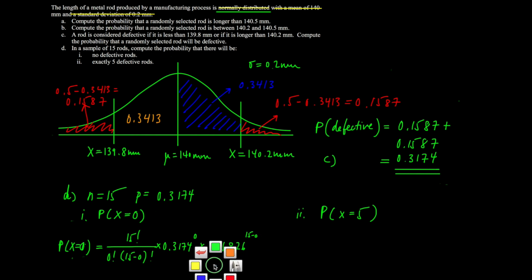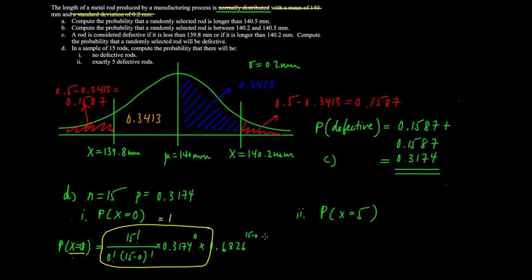And if you remember from what I taught you in the first ones that we were solving, this right here for the x equals 0 is going to equal 1. So this is all I need to put into the calculator. And this is going to equal 0.0033. Okay, so that's for no defective rods using the probability of the rods being defective as my P.